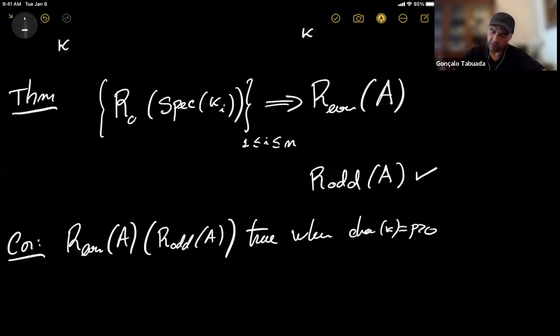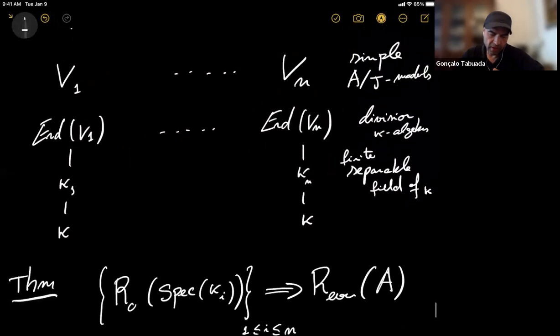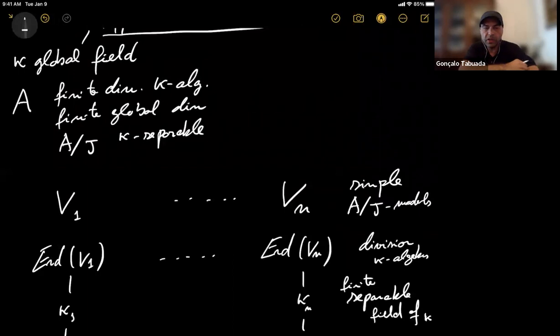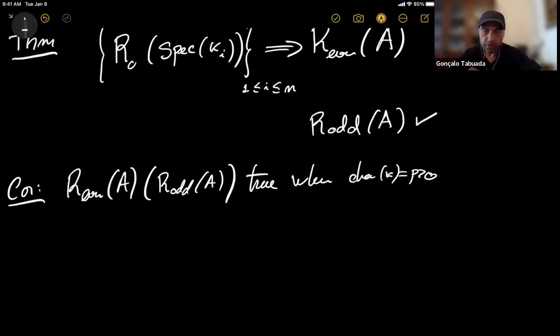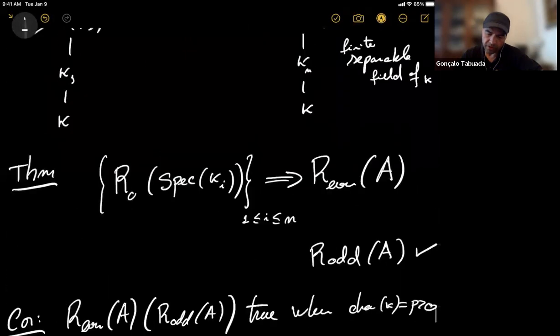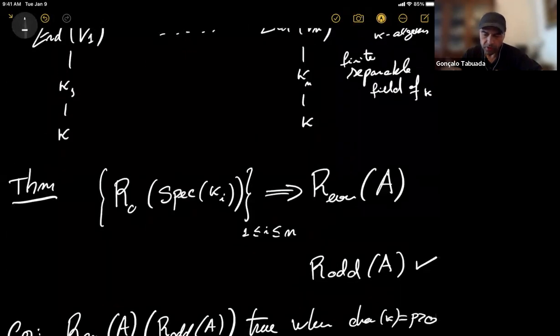So in positive characteristic, if you take any finite dimensional algebra of finite global dimension, such that the quotient is K-separable, which is a mild condition in fact, and you are over a number field, the Riemann hypothesis is there. It is true then. And there are many other cases where you can prove that the Riemann hypothesis for truly non-commutative objects follows from the Riemann hypothesis for commutative objects. So this is one baby case, let's say.